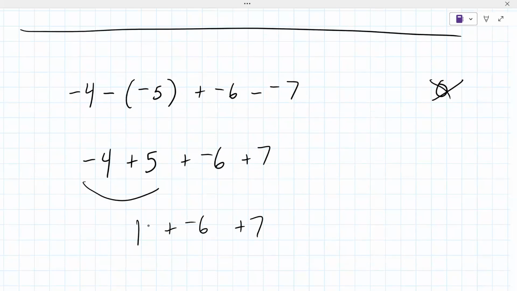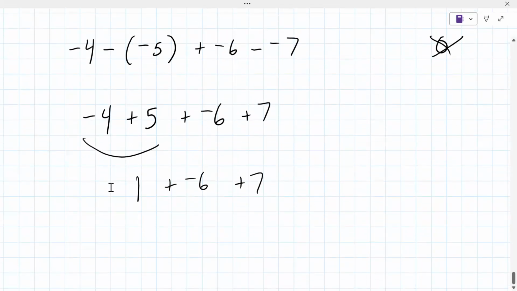Why don't you rework it from here? So there are two different numbers. So 6 take away 1 is 5 plus 7. 7 and 5 are the same, so 7 plus 5 is positive 12.